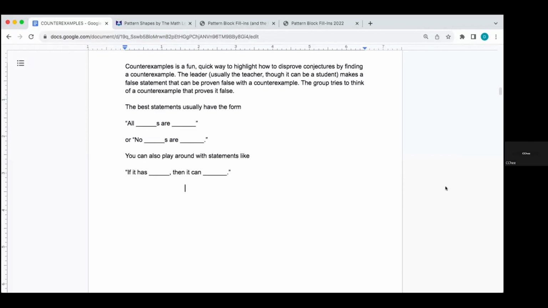Hello, can you hear me? Hi, yeah, I can hear you. So it would be something like all integers are fractions. Yeah, that's an interesting one. Right, I guess it depends what you count as a fraction.